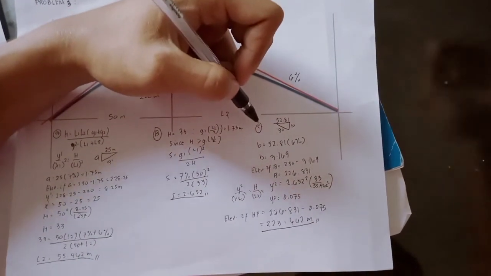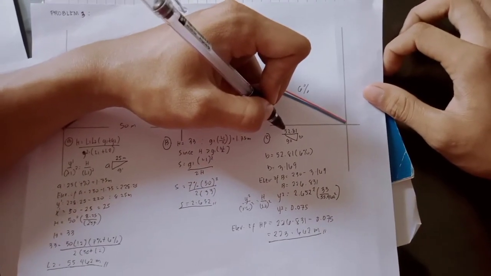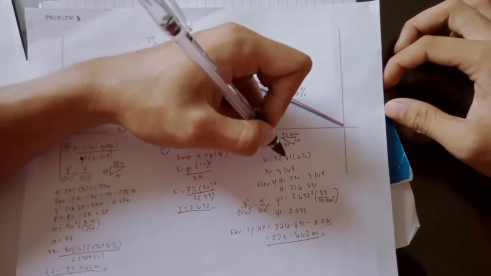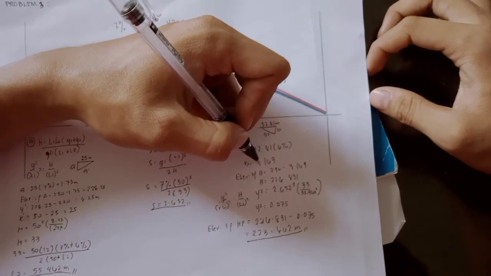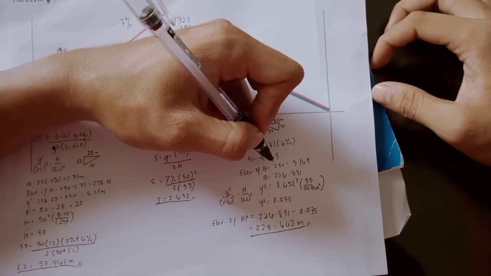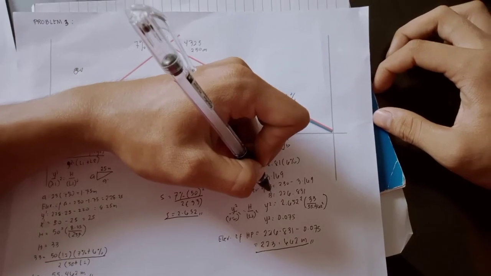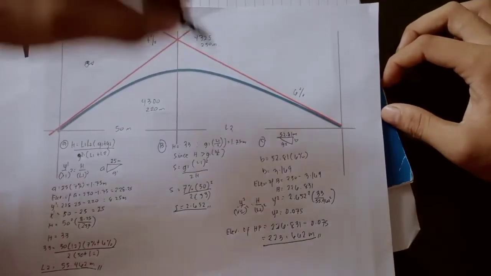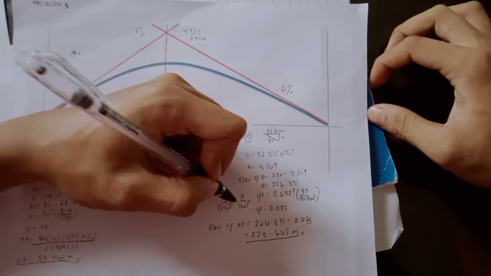So in letter C, we need to determine the elevation of the highest point. So we have a side B and 52.81 meter, then G2, then B is equal to 52.81 multiplied by 6%. So we have a B that is 3.169, then elevation of B is equal to 230 minus 3.169. Then B is equal to 226.831. So Y2 over X2 squared is equal to H over L2 squared.